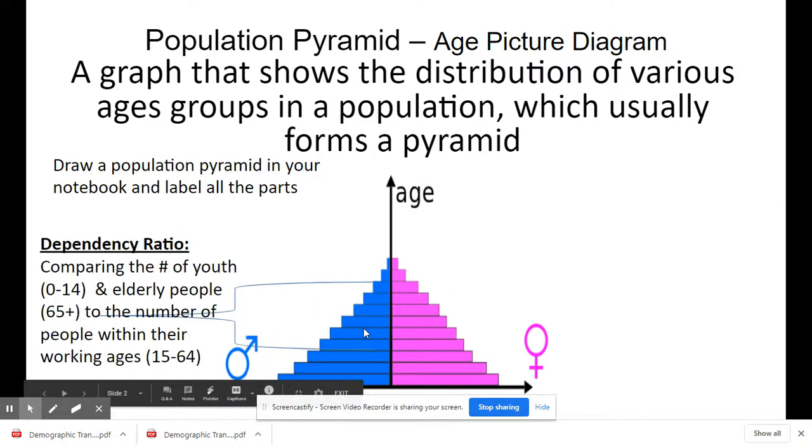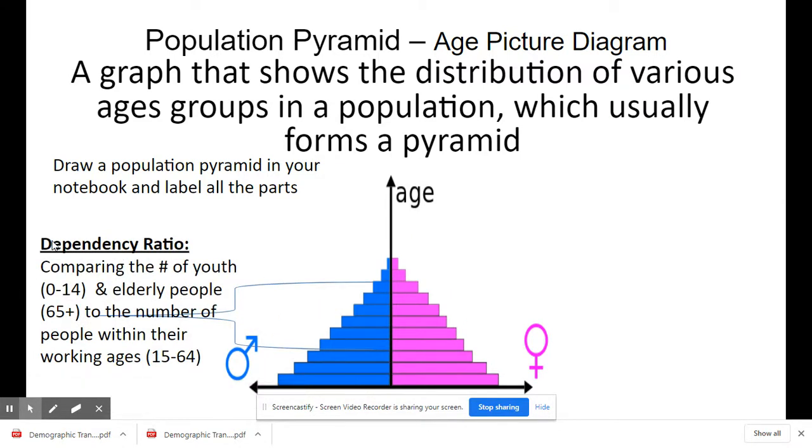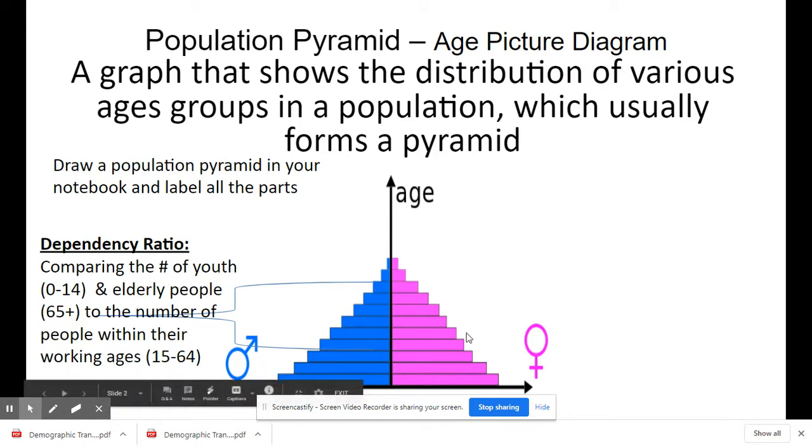The other thing I wanted to point out about a population pyramid is just the idea of a dependency ratio. So when you think about who's running the country, it's not the old people, it's not the young people, it's the people in the middle. So this is your workforce. And so the workforce is having to take care of the young people who aren't old enough to clothe themselves, feed themselves, do their bathroom stuff.